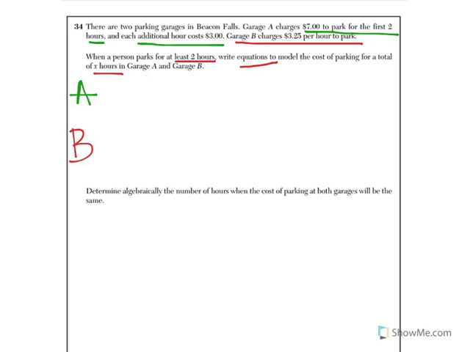So A is a little bit trickier, and that's because of the parking for the first 2 hours just being $7 and then charging an additional $3 for every hour after that. So for Garage A, y is going to be the cost of parking, and they told us that x represents the number of hours.